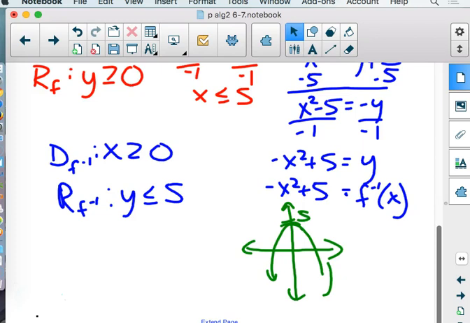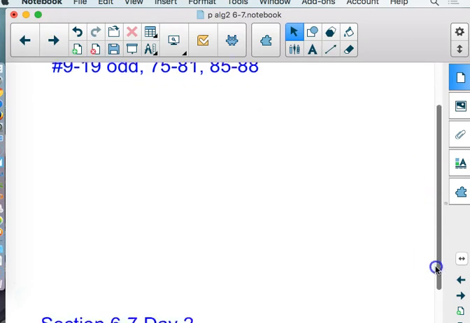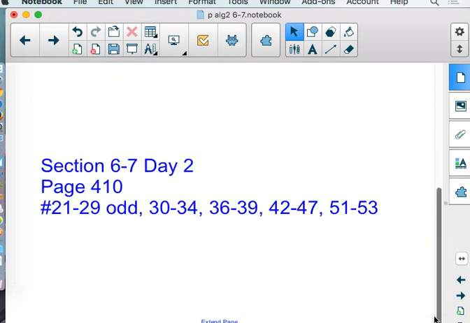I know you're frustrated, but it's going to come. It will. When we do our graphing, it will suddenly all make sense. A lot of books do the graphing before they do all of the inverses, but this one switched that around.